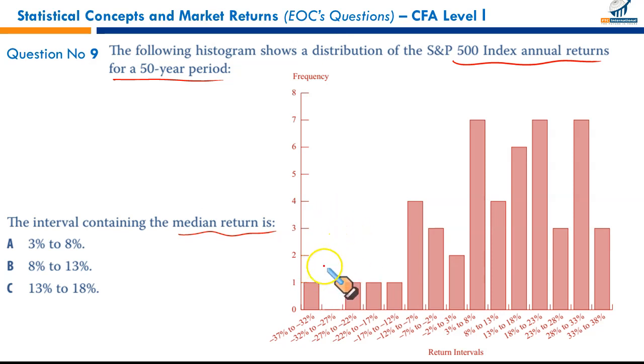So we have to add up the frequencies first. Frequency for the first class interval is 1, 0, means 1 plus 0, 1. This is 1 again.